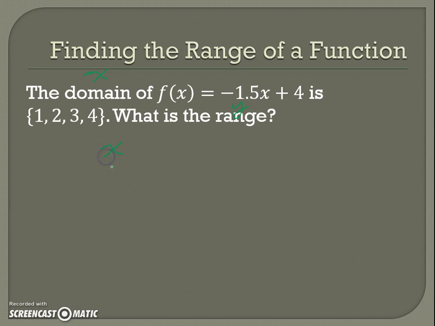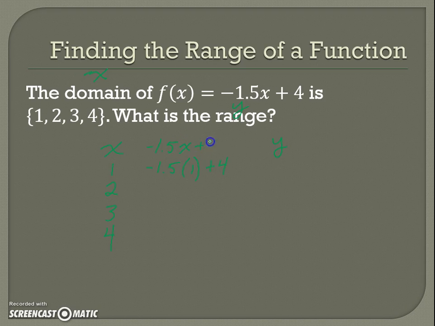So I have my x values, 1, 2, 3, and 4. And then here I would have these values times this, so I'd have negative 1.5x plus 4. And then this is going to give me my y values.